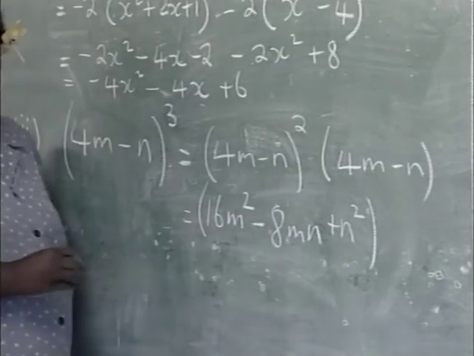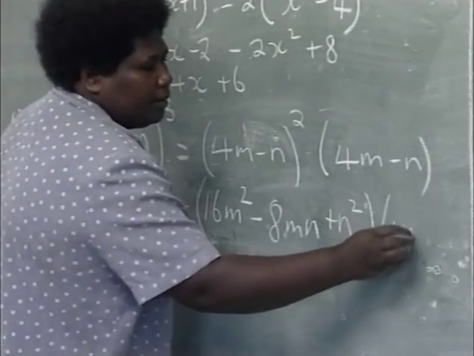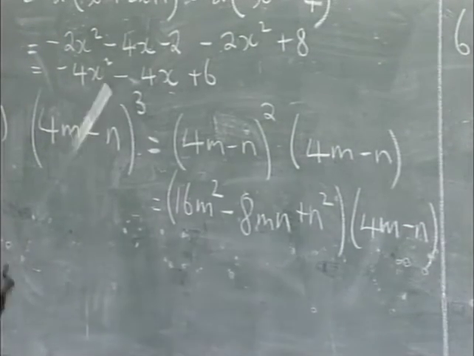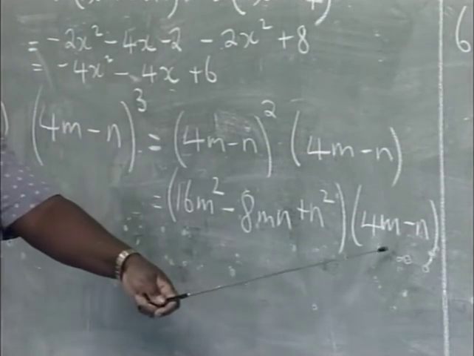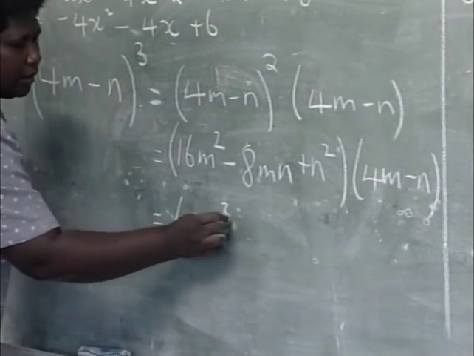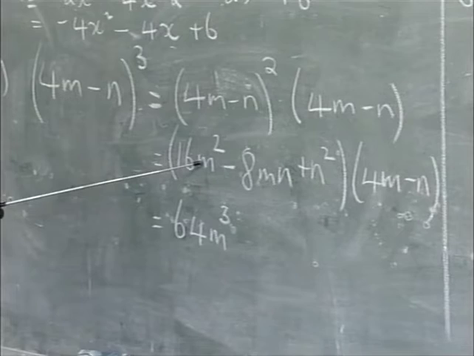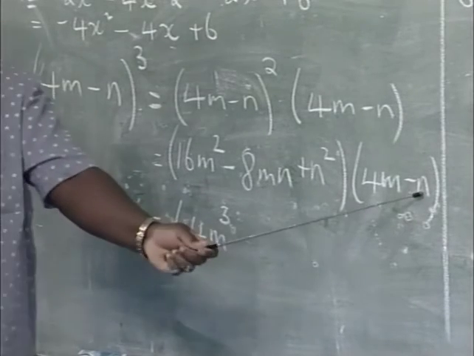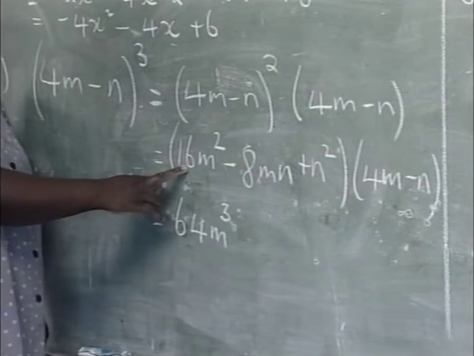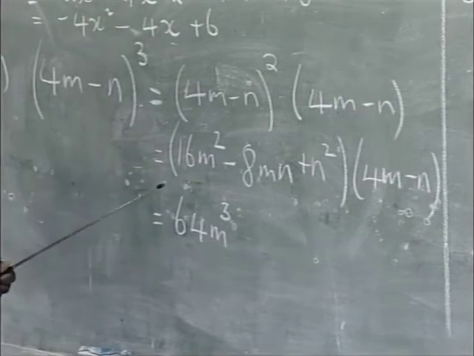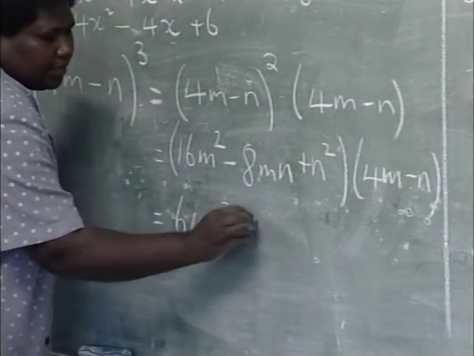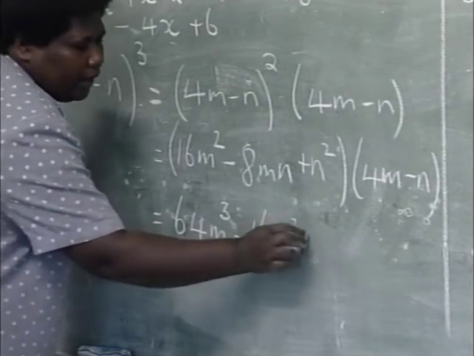I multiply that with 4m minus n. Okay, now 16m squared times 4m is 64m cubed. Then I multiply again. 16m squared times negative n is minus 16m squared n.